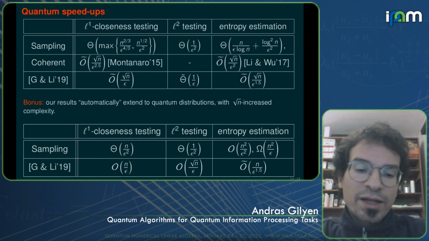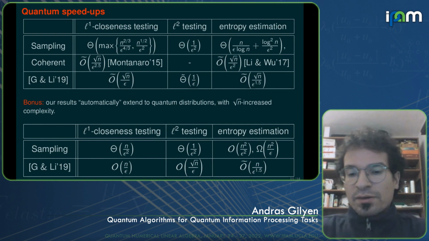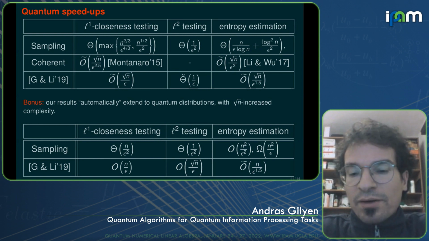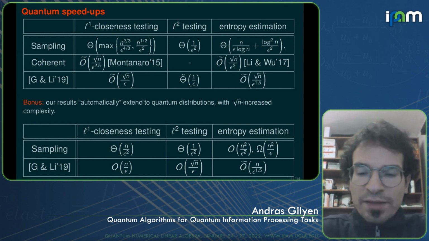This is actually a model that was not really considered for these problems before. But now we know how to exploit this stronger input model. And these are the complexities that you get.